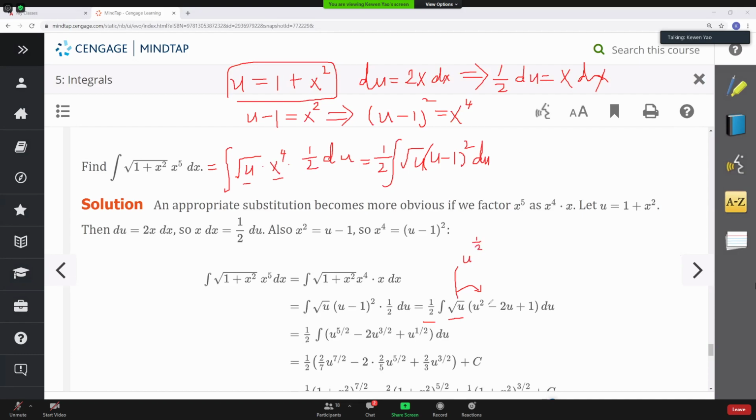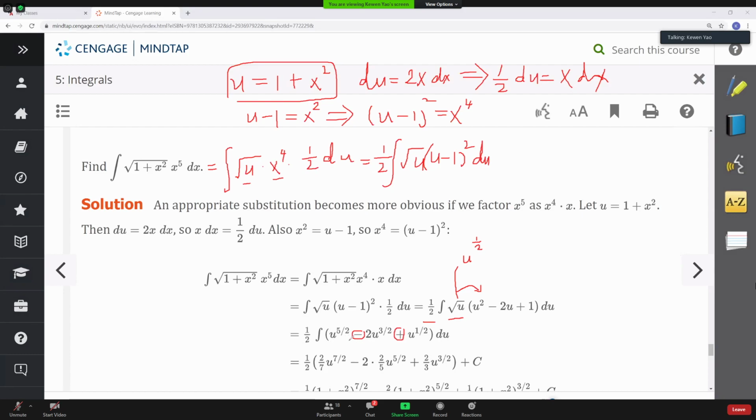U to the power 1/2 times u squared is u to the power 5/2. Now u to the power 1/2 times u is negative u to the power 3/2. Then u to the power 1/2 times 1 is u to the 1/2. Now you can see that this is a difference, and this is a sum, right? So therefore you can do it term by term.